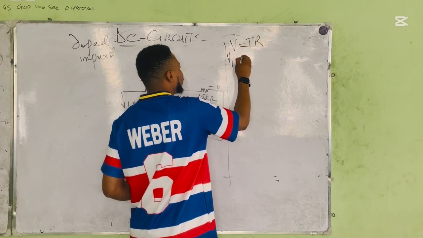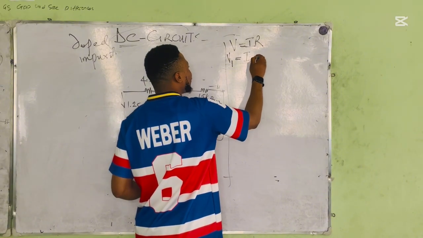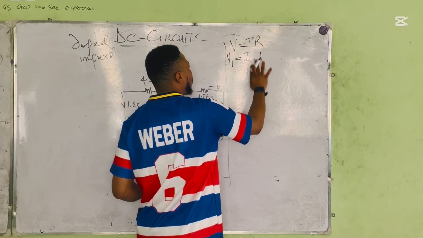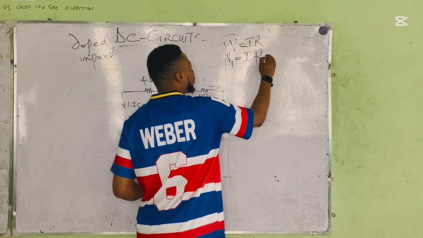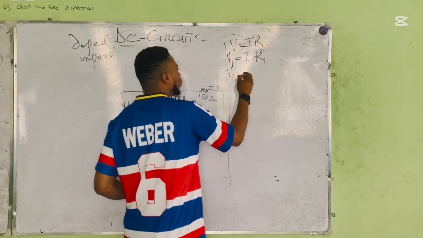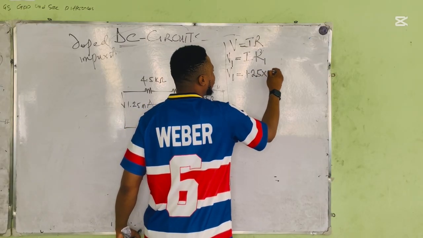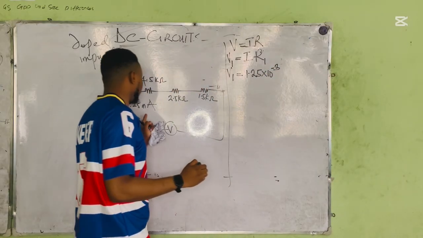So V1 is equal to IR1, because there's no I1, it's the same current. So V1 will be equal to 1.25 milliamps, times 10 raised to power minus 3, that's what milli means.